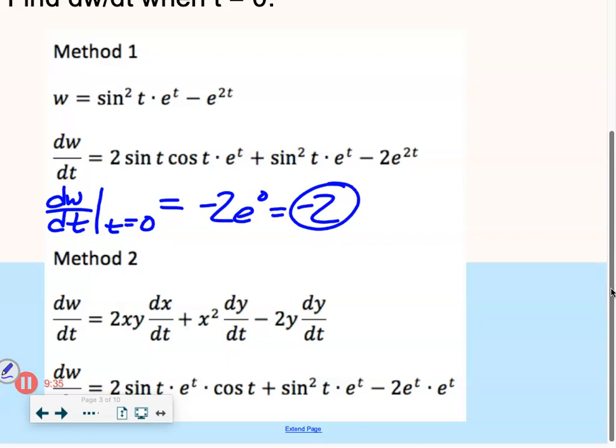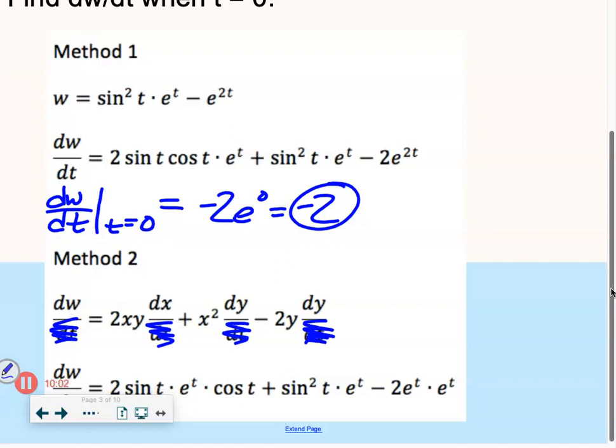Okay. All right. The second method is a chain rule method, which I think is what some of you were kind of starting to think about using a little bit, right? Because it should look just like what you've been doing for the last couple days, which is finding a total differential, right?